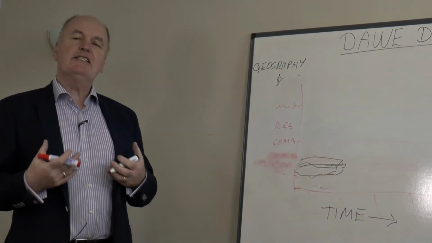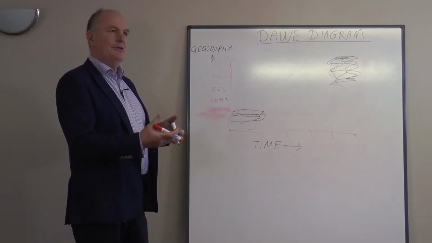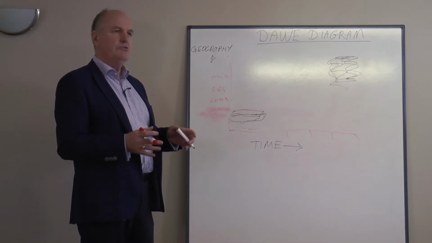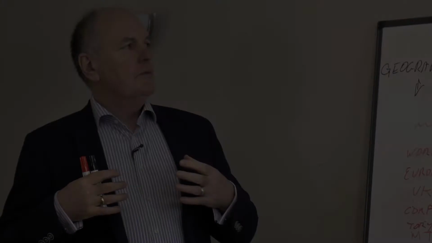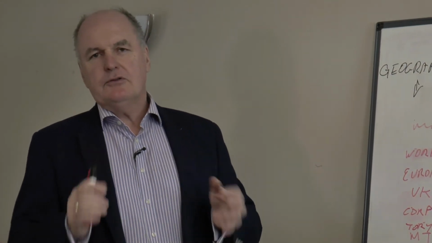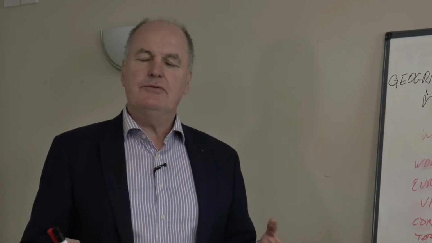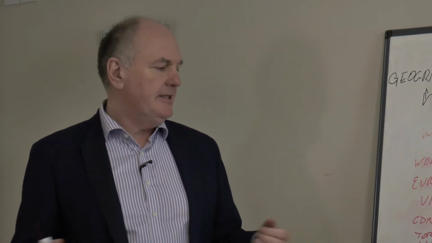Certainly when one is assessing how other people are working, by putting what you think they're doing into a Dawe diagram, you can actually see the context of whether they're working short-term or long-term, whether they're working for a small group or a large group. You can also use a Dawe diagram to plot the effect of people's lives on the world and society.